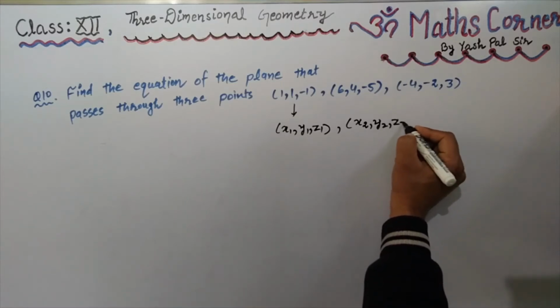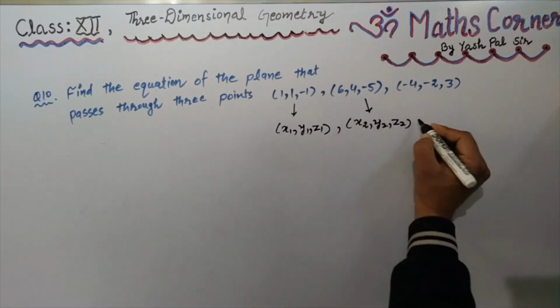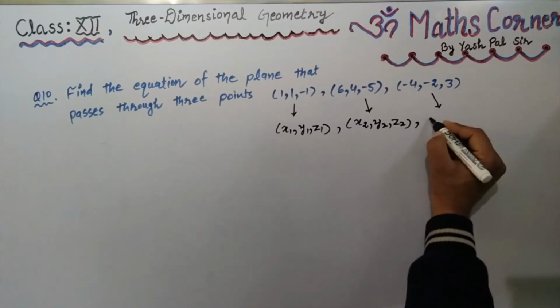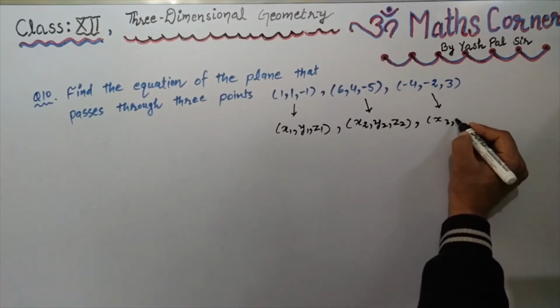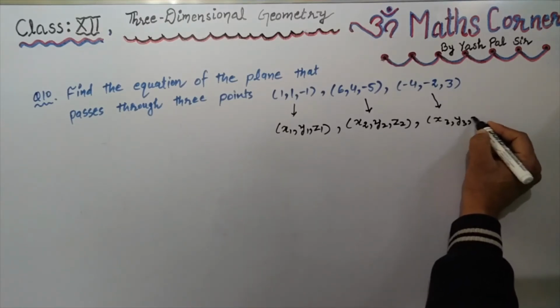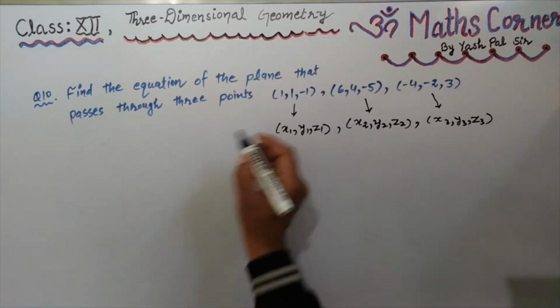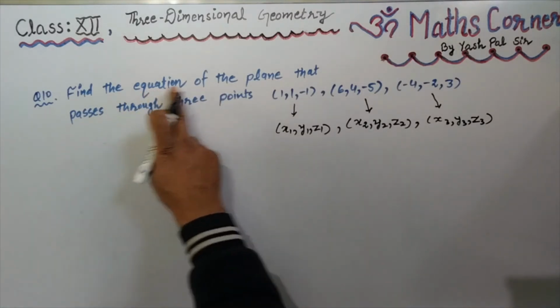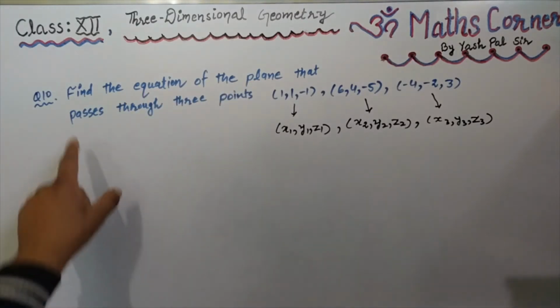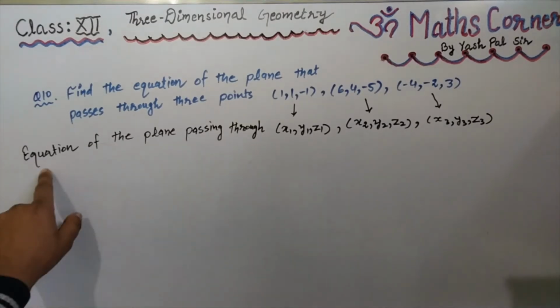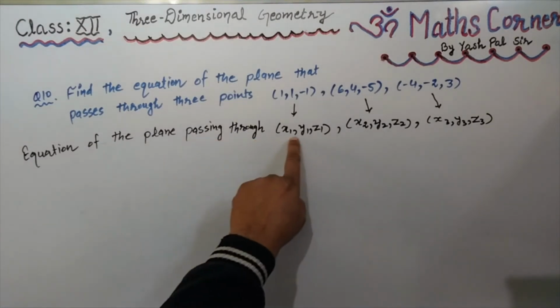is x1, y1, z1. The second point is x2, y2, z2, and the third point is x3, y3, z3.